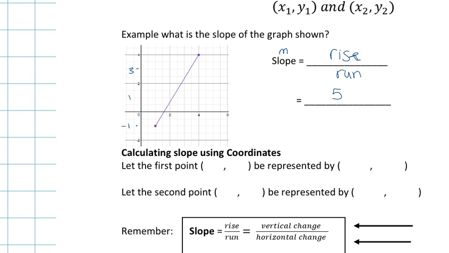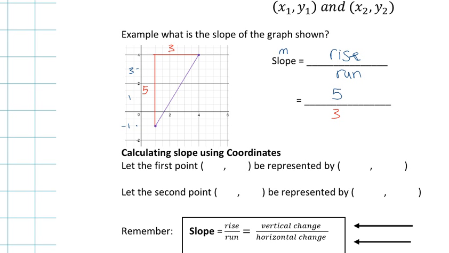And this is not aligned properly. Okay. So 1, 2, 3, 4, 5. So my rise is 5, and the run is 1, 2, 3. So my slope is 5 over 3.